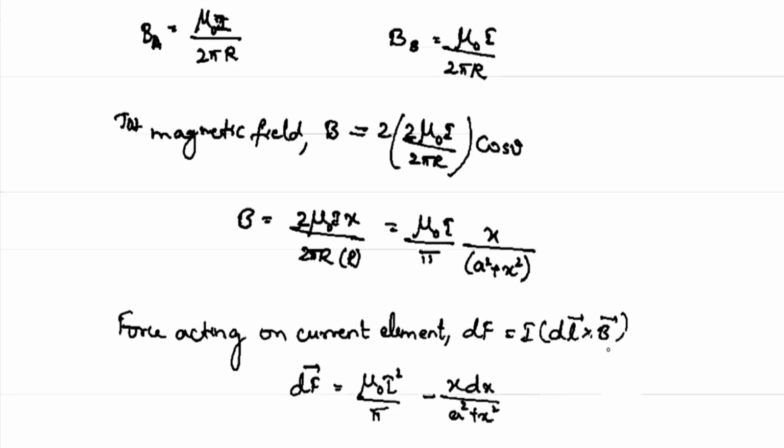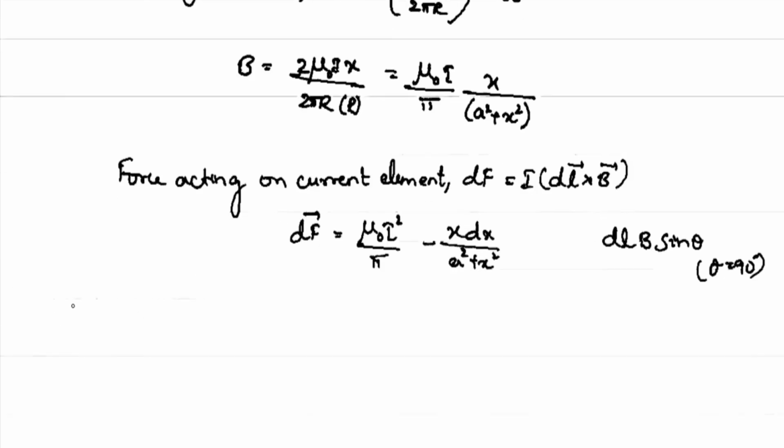So dl cross B can be written as dl into B sin theta, and here theta is equal to 90 degrees, so sin 90 becomes equal to 1.